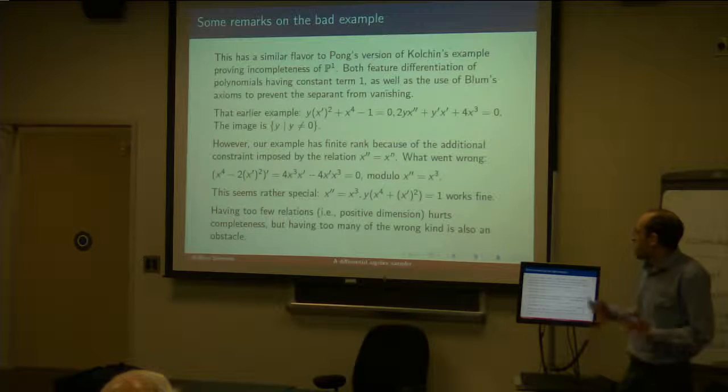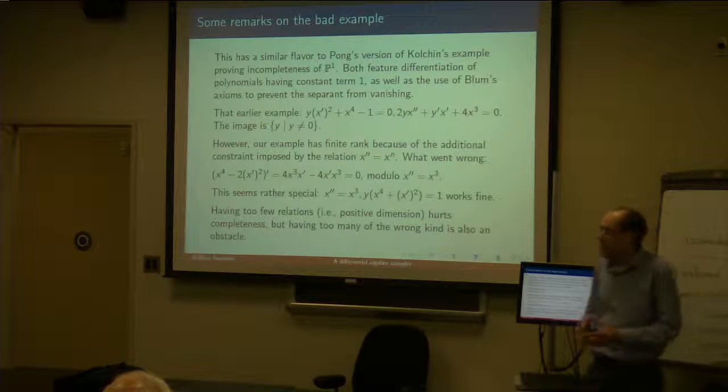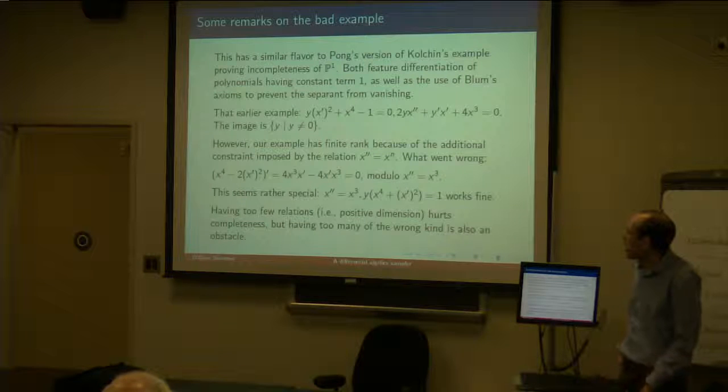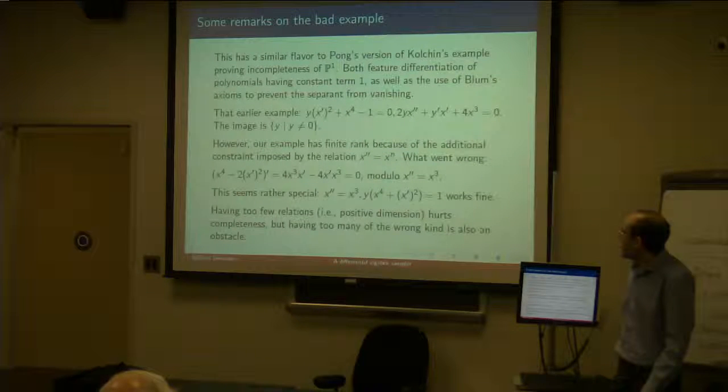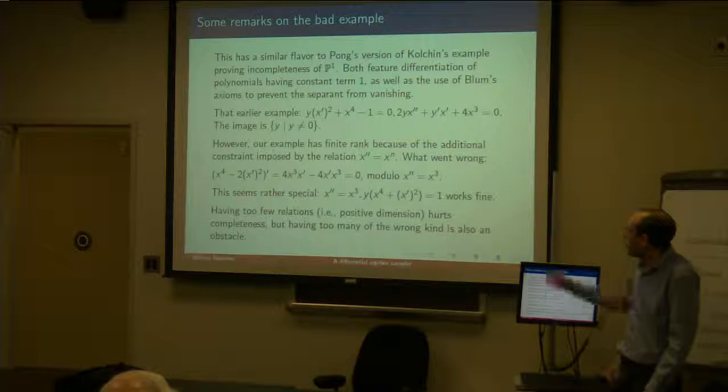So how I guess I would encapsulate all that is that not only is having too few relations a problem, like in this first example, where there's no restriction on x at all, and so that leaves you room to cook up an example like this.